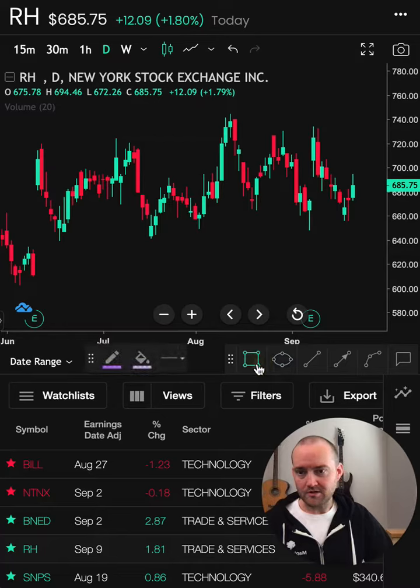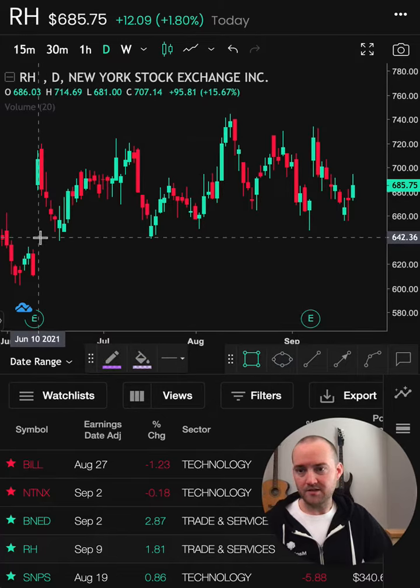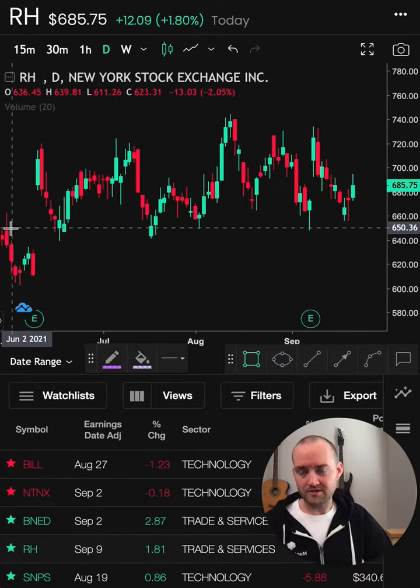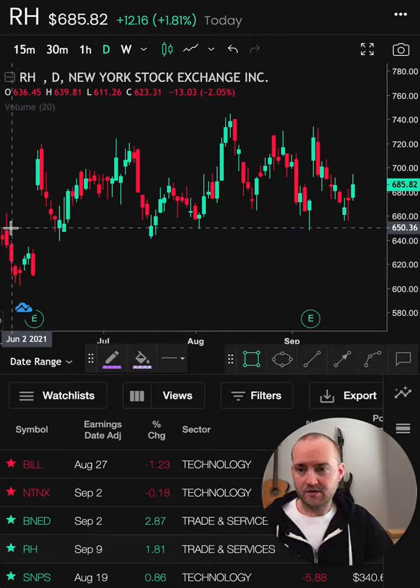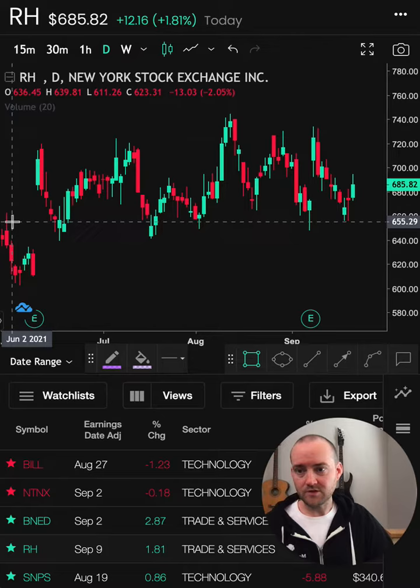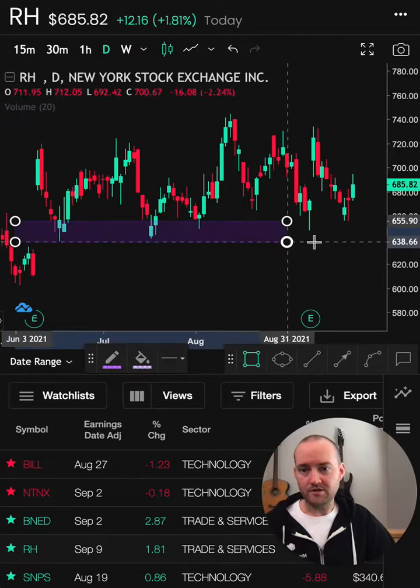So this is kind of basic support and resistance, and I don't like to draw my support and resistance with lines because they're zones. This isn't an exact science, so you don't want to pinpoint any specific price, but rather a zone.